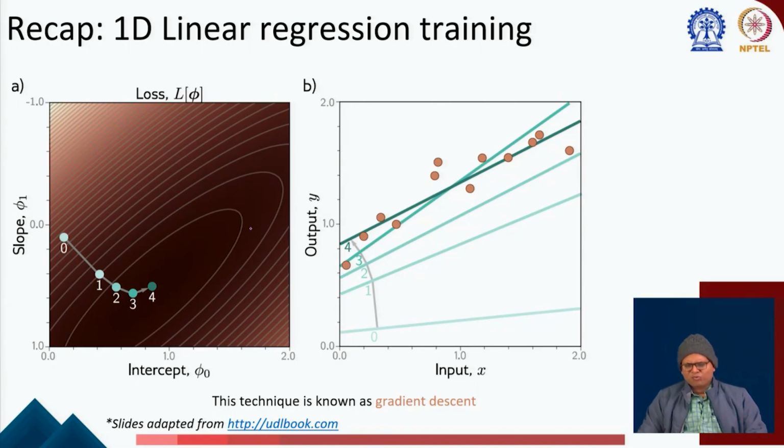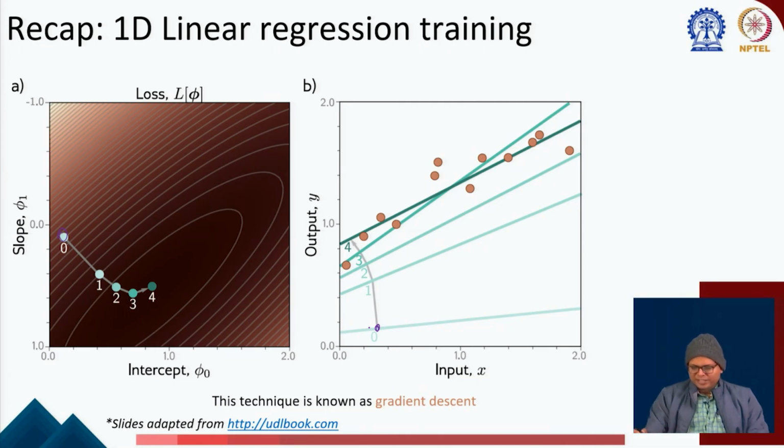This is what we discussed in the last lecture. We talked about the gradient descent technique very briefly. You have a loss curvature, and you start with some initial approximate parameters and then go in the negative direction of the loss gradient.